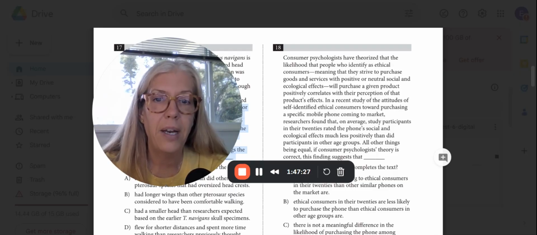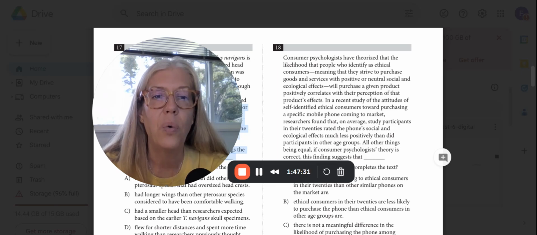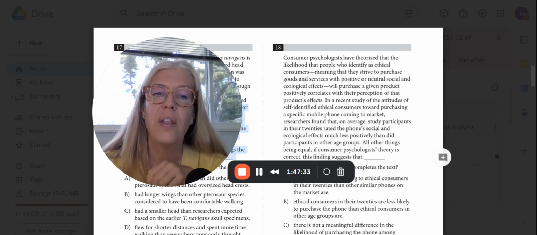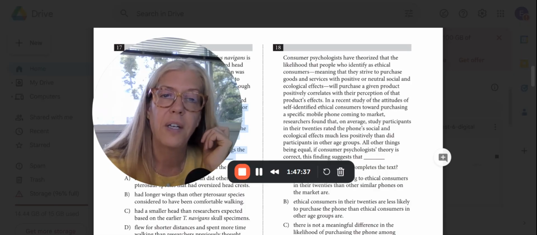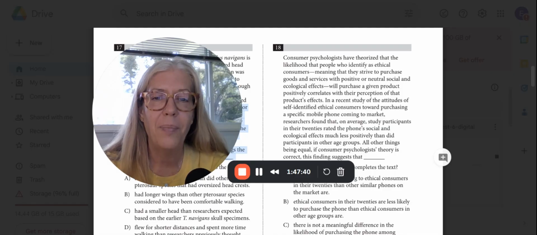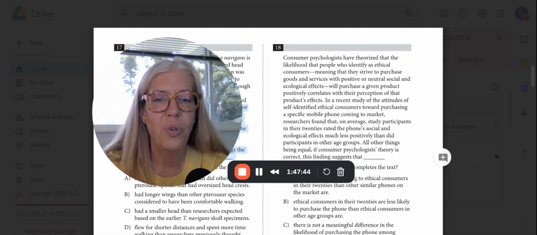In a recent study, the attitudes of self-identified ethical consumers toward purchasing a specific mobile phone coming to the market, researchers found that on average, study participants in their 20s rated the phone's social and ecological effects much less positively than did participants in other groups. Oh, so people in their 20s are not ethical consumers?